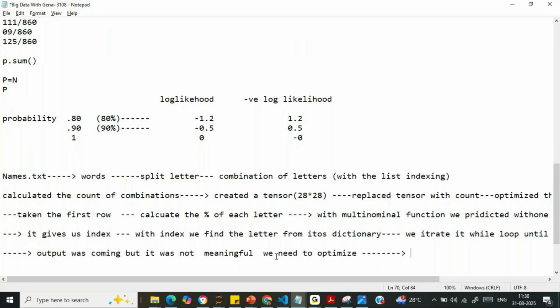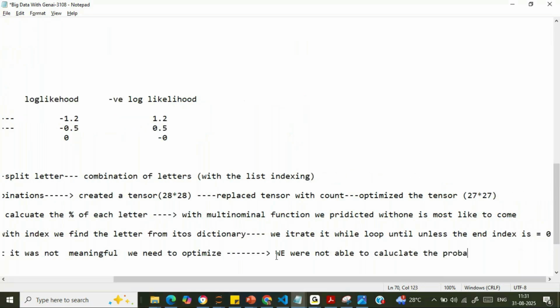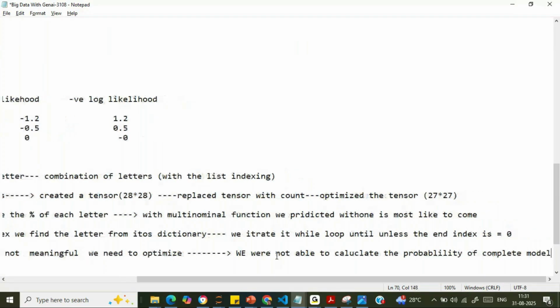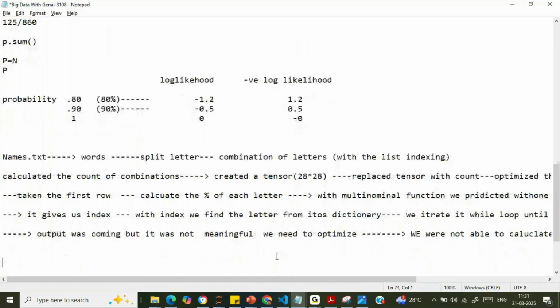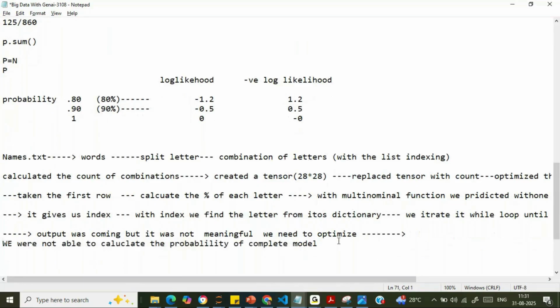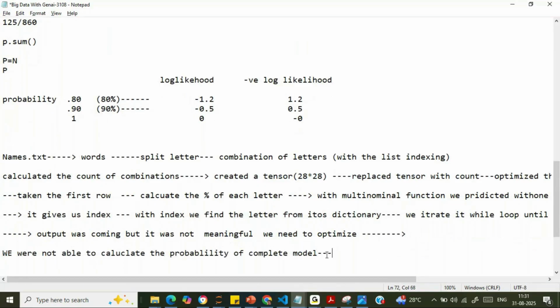The second issue was that we were not able to calculate the probability of the complete model.